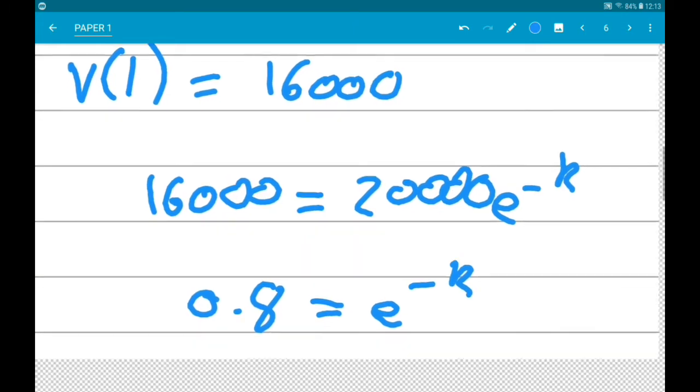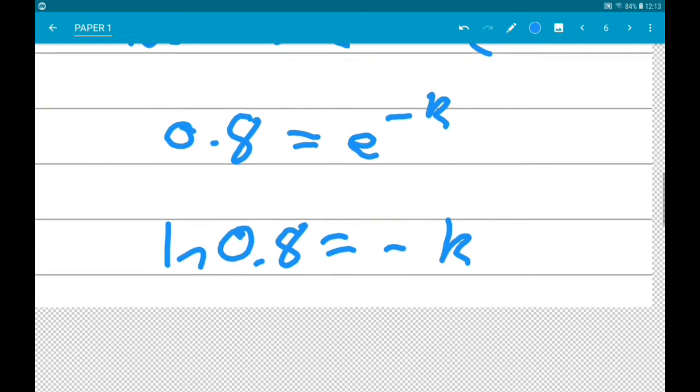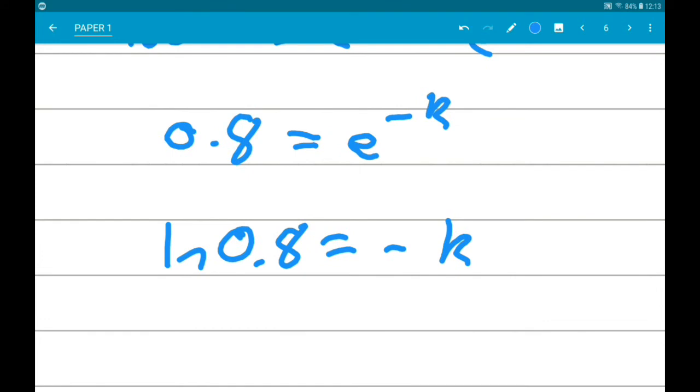Take logs, so log 0.8 is minus k. So k is minus log 0.8.